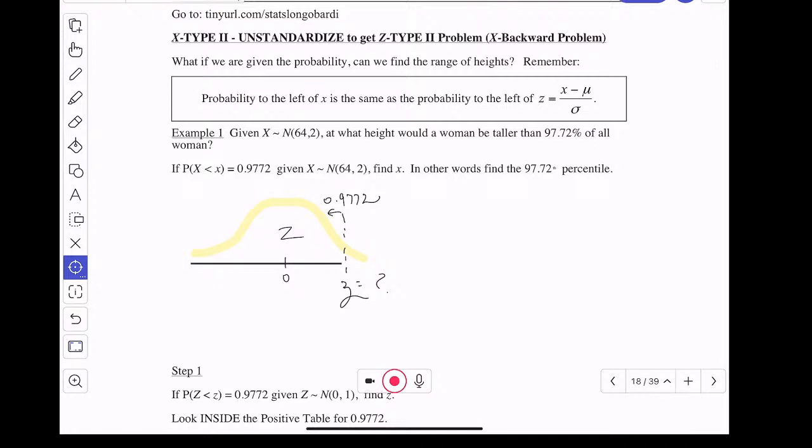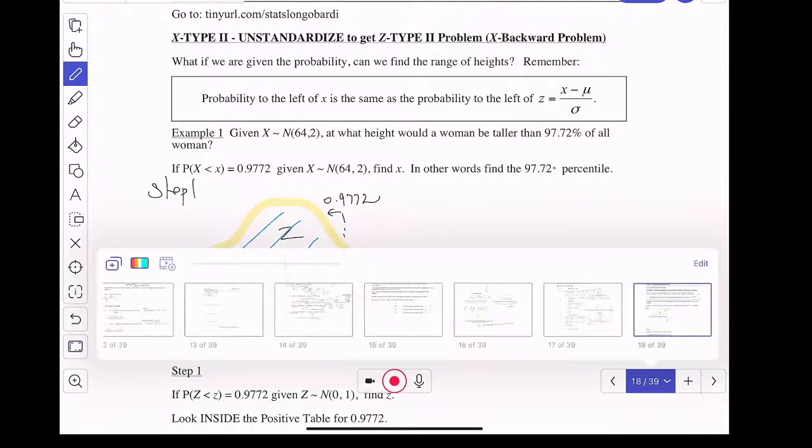So first I answer this question, and I'll call this step 1. I go to the positive table and look for 9772.